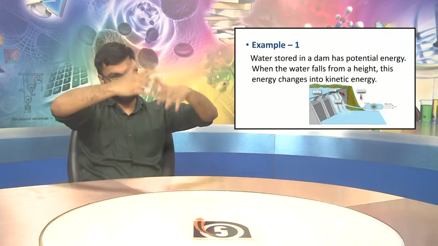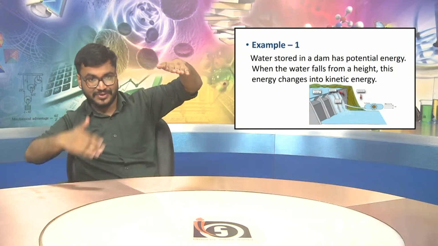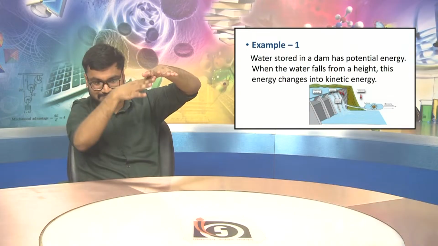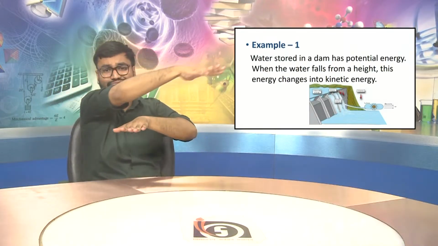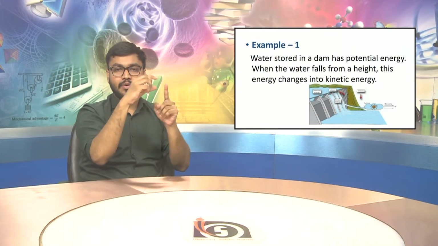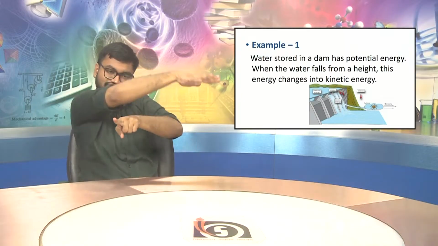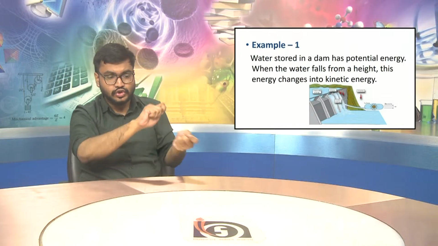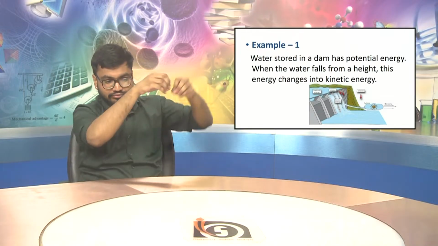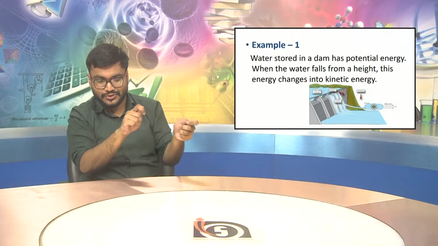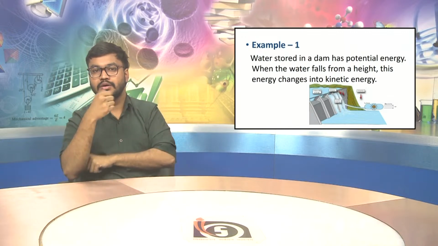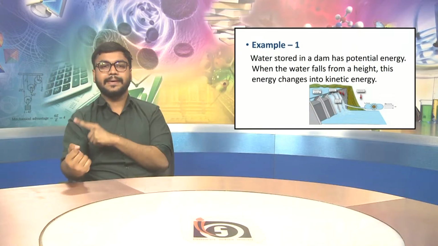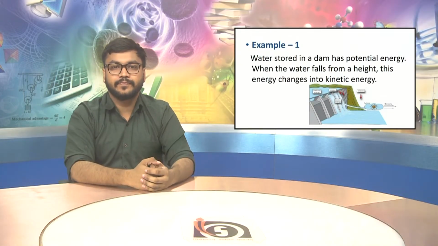Example 1. Water stored in a dam has potential energy. When the water falls from a height, this energy changes into kinetic energy. Because potential energy refers to the energy at height and kinetic energy refers to the movement of an object.